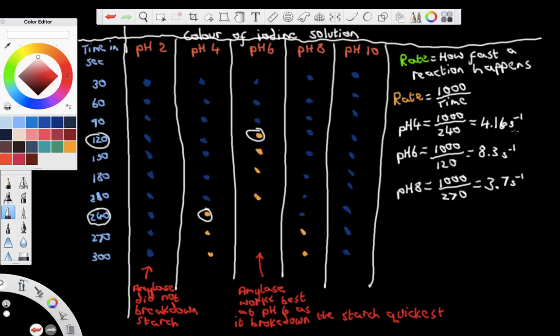So if we look at these results from this results table, by doing this calculation of rate, we can find that at pH 6, the rate at which the enzyme amylase worked was 8.3, whereas at pH 4 it was 4.16, and at pH 8 it was 3.7. Therefore, it works best, or it works the fastest, at pH 6.